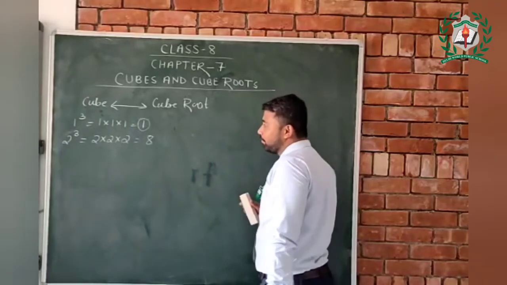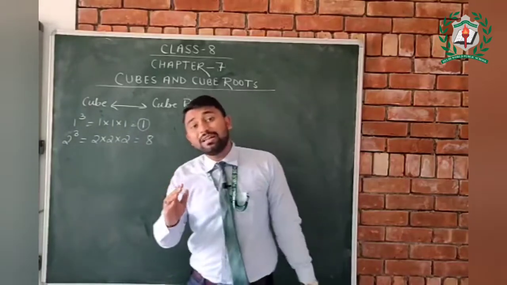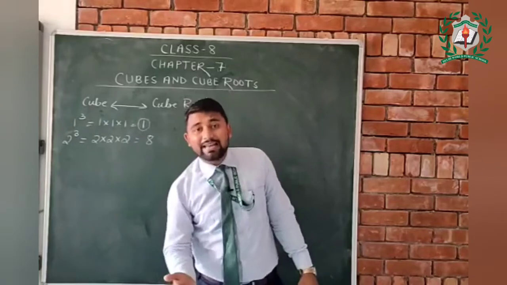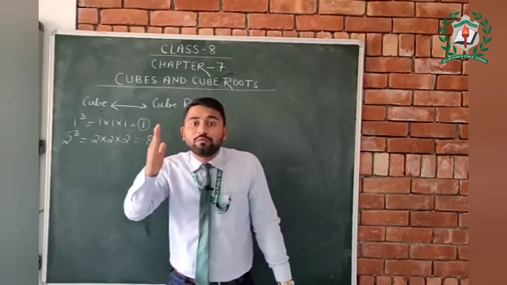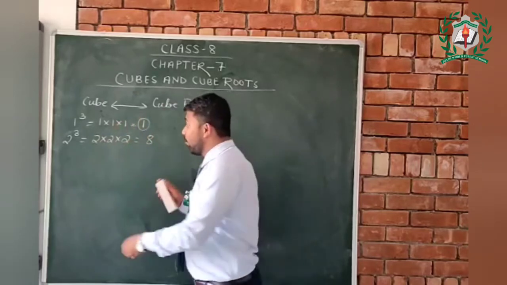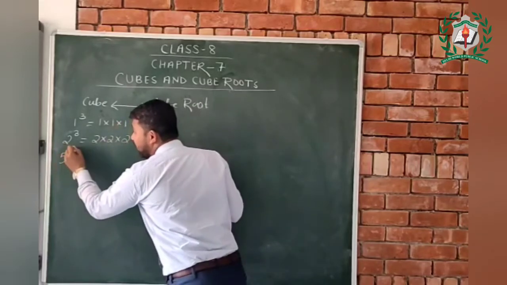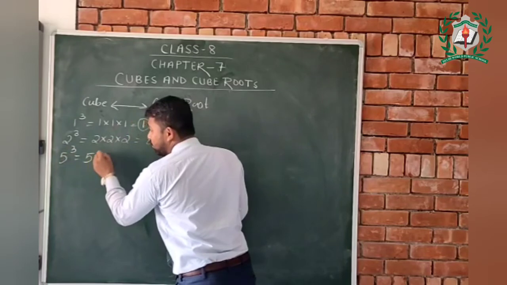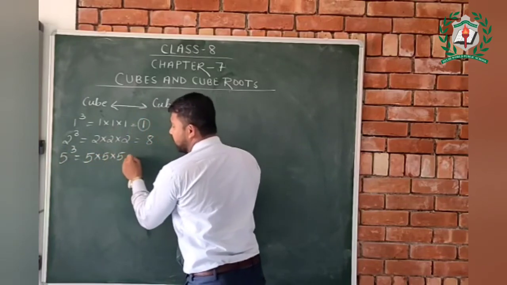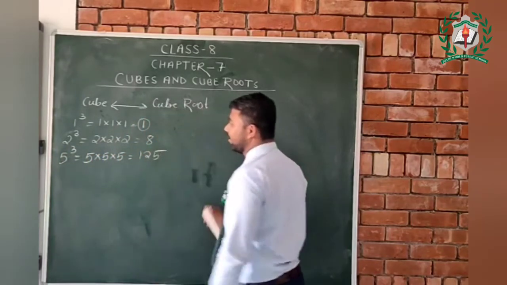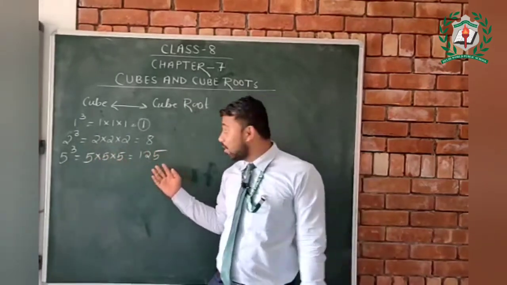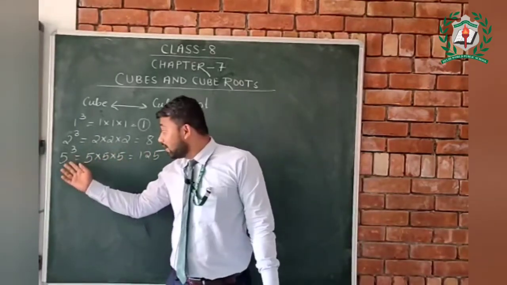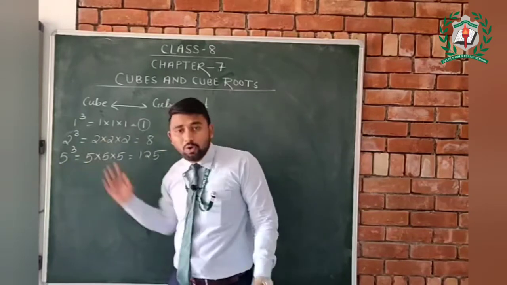Yes, very good. So cube means we have to multiply that number 3 times. If you want to find the cube of 5, then 5 into 5 into 5, that is 125, because we want the value of 5 cube.